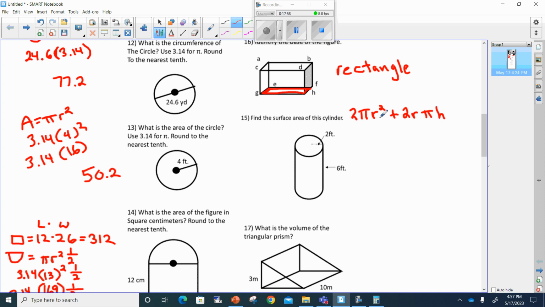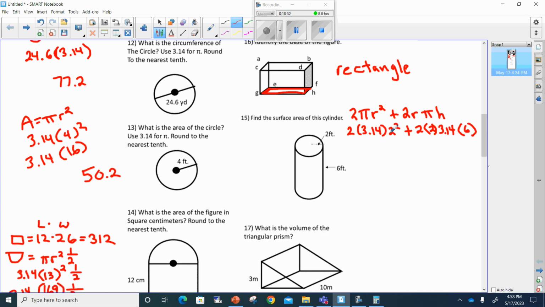All right, let's replace all these variables with numbers. Well, 2 stays the same. I know that pi is 3.14. Now we have radius squared, and the radius is 2, so this would be 2 squared. We'll be adding this to 2 times the radius, which is 2, times pi, which is 3.14, times the height, which is 6.